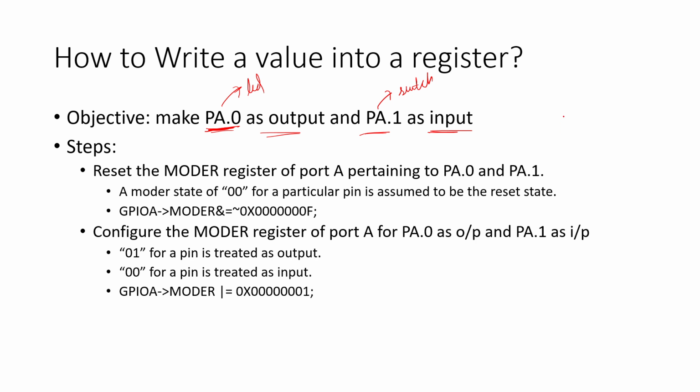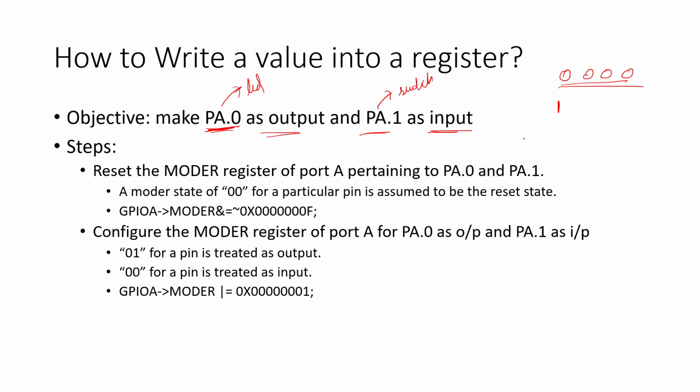Always remember the rule of thumb: for programming one pin in the respective GPIO MODER register, you will need 2 bits. For example, if I want to reset PA.0 and PA.1, you will need 4 bits of the MODER register. For resetting, they must be 0, right? So you will reset only those pins, preserving the rest of them.